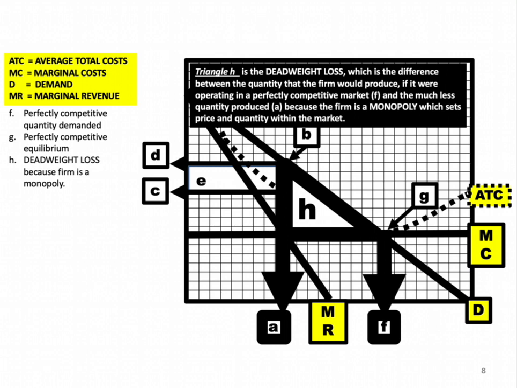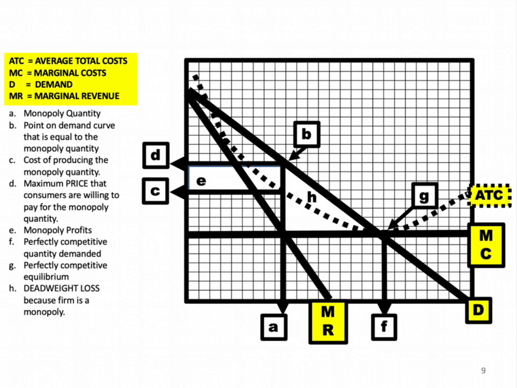Because there's less being produced, we have that triangular area that you see on the slide that is marked as dead weight loss. That is the amount not produced because this is a monopoly that would have been produced if this were a perfectly competitive market. Okay, and then we went on and looked at how that dead weight loss compares.